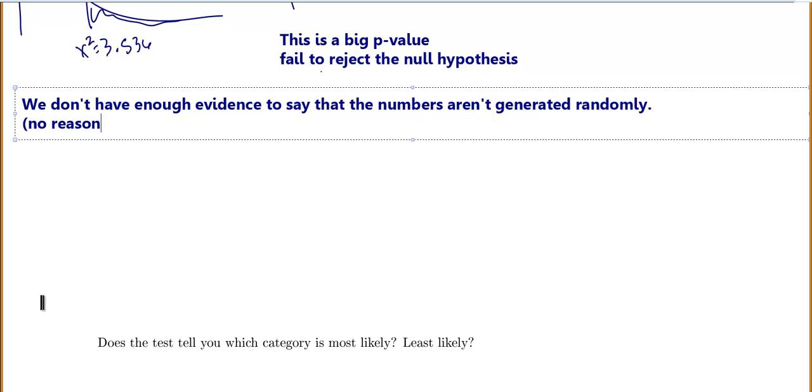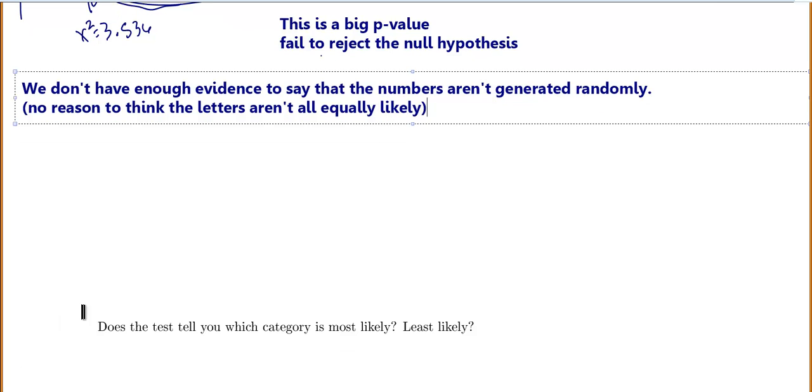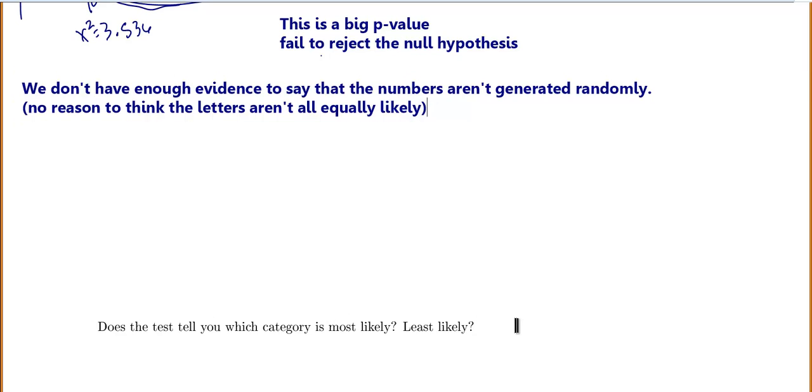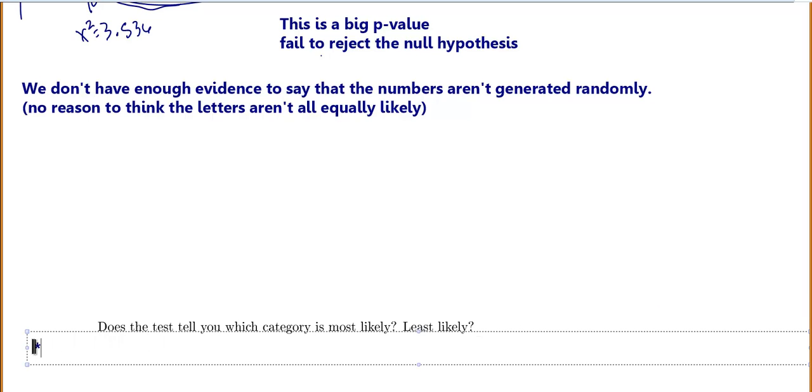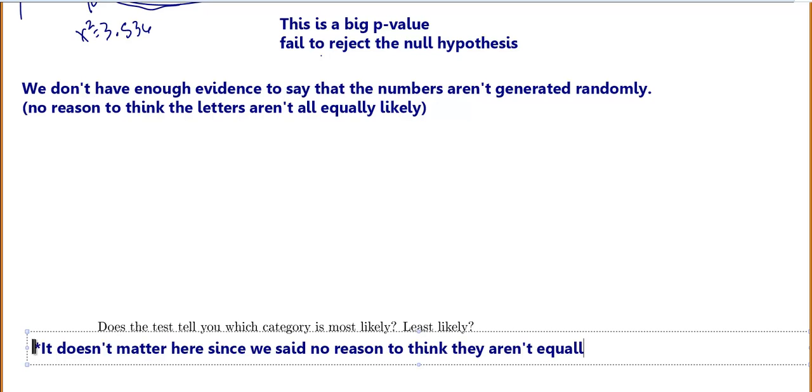So, no reason to think the letters aren't all equally likely. Now this question down here, I wanted to know, does our chi-square test tell you which category is most likely or least likely? Well, in our case, it doesn't matter here since we said no reason to think they aren't equally likely.